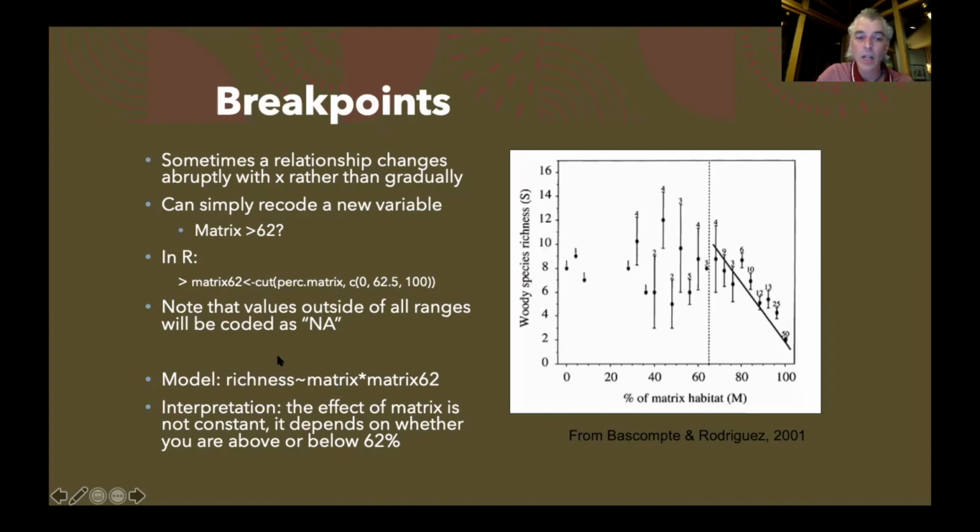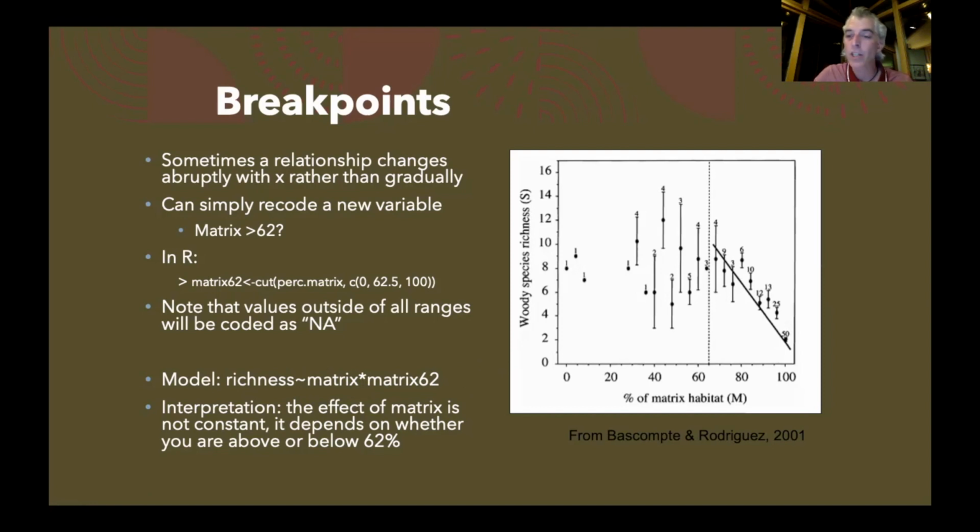And then we can include in our statistical model not just our predictor of the percent of matrix habitat, but also a statistical interaction with this new factor that codes observations as being either below this threshold or above this threshold. And importantly, we've included an interaction between this threshold and our continuous predictor of the amount of matrix habitat.